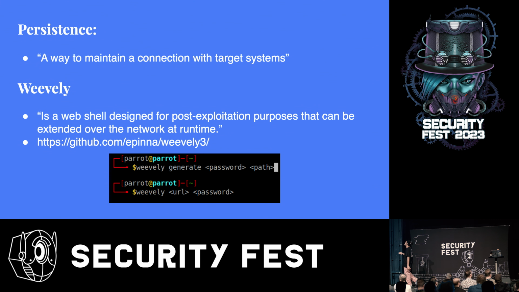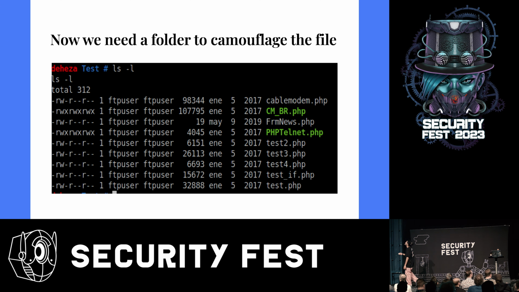So I put this one in the server, but we need a folder to camouflage it because we cannot put it in the root directory like, yeah, this is our shell.php. So I found this folder called test in the web server. And the test folder has a lot of PHP scripts, like telnet, for connecting from PHP to telnet.